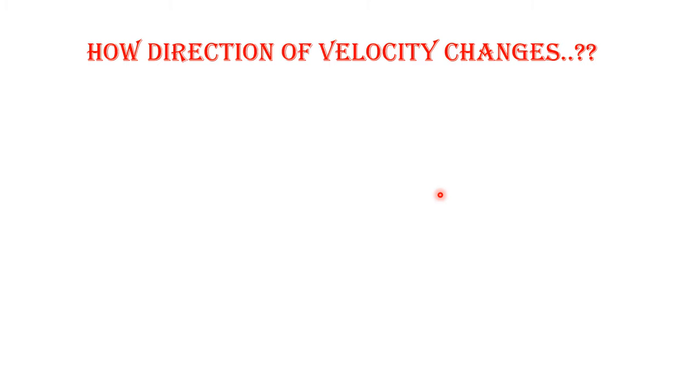Suppose a car is traveling on a road, and when it reached point P, its velocity was 5 meter per second towards north. Now, how does the direction change?